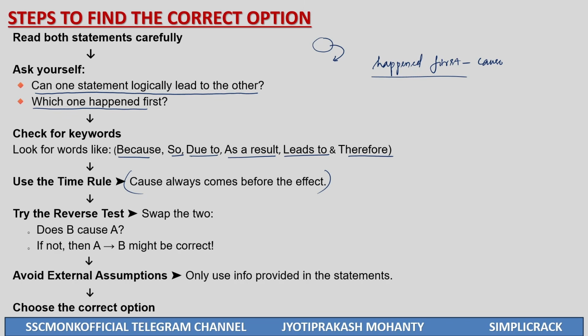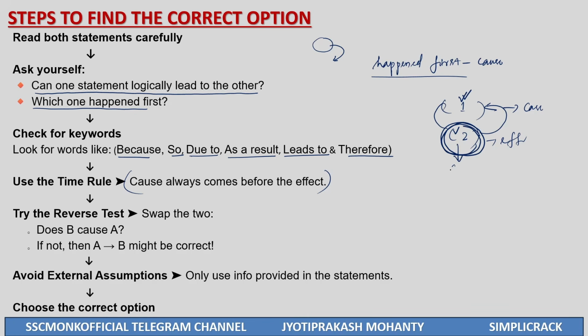Now, you will be using the reverse test. Reverse test means what? Let's say you got the idea by reading that statement 1 came first, but statement 2 came later. But you need to cross verify. You need to check if statement 2 comes first, will statement 1 happen? If it happens, then your assumption in the first place, that statement 1 is the first, that is my cause, and 2 is my effect, will be wrong, because due to statement 2, statement 1 is happening.